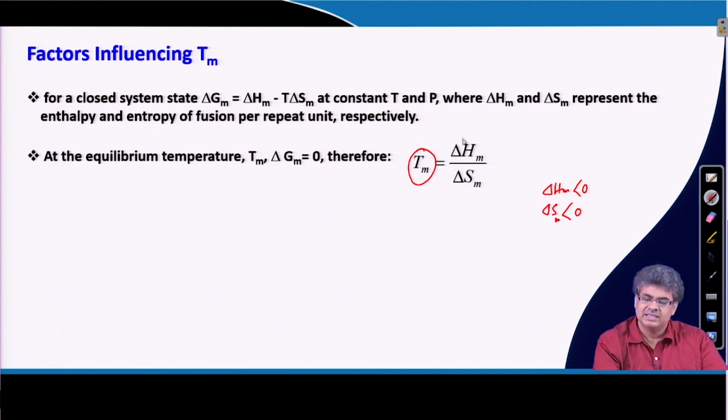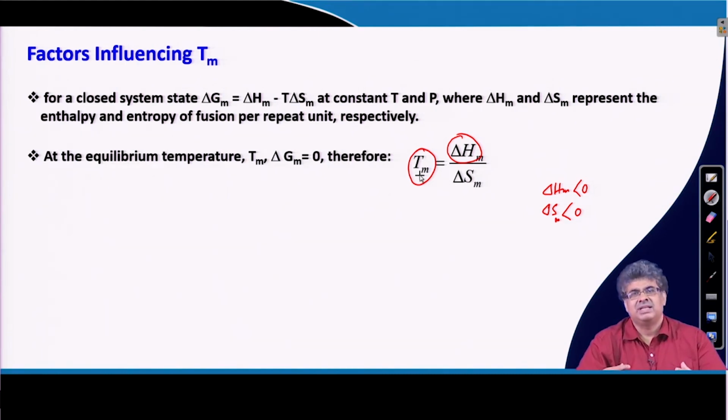So, the higher the magnitude of delta H M, the higher will be Tm, and the smaller the value of delta S M, the higher will be Tm, which means that if we have a stiff polymer chain and we take it from a molten state to a crystalline state, the amount of entropy loss it will incur will be lower compared to when you convert a polymer melt having more flexible chains to a crystal domain.